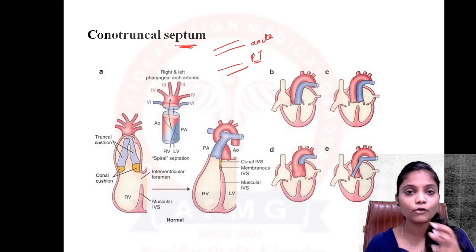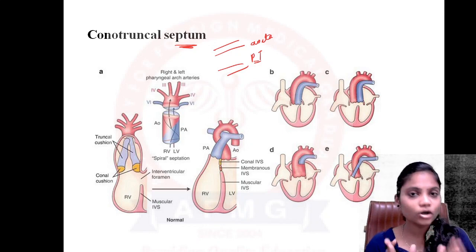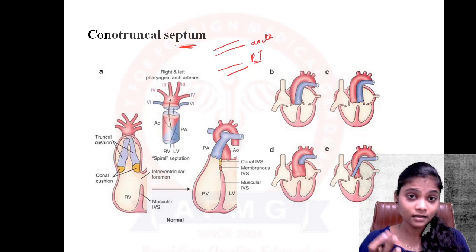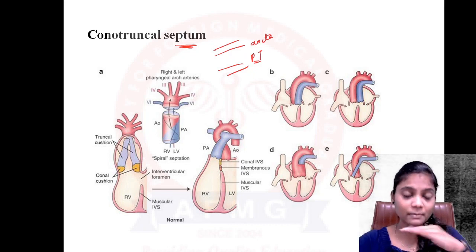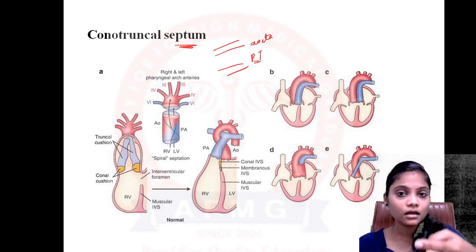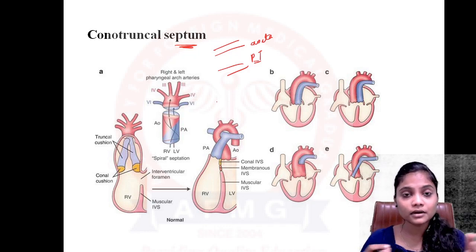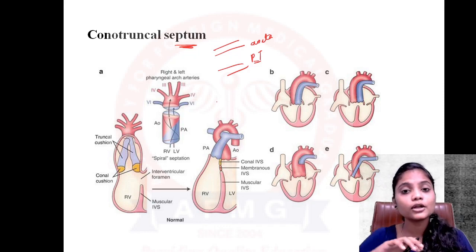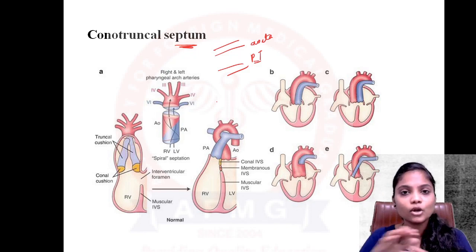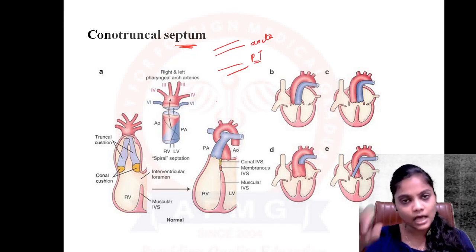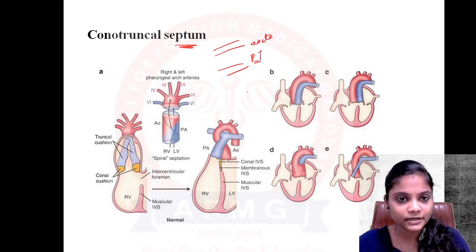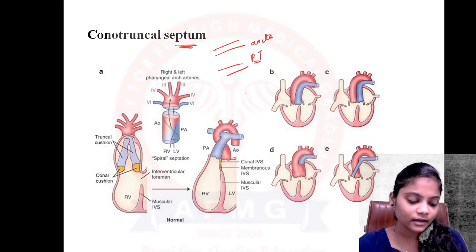For what? For making our trunks. What are our two trunks in this discussion? The main two trunks are the aorta and the pulmonary trunk. If they do not turn together, they will not form trunks. Aorta and pulmonary trunk will not be separated. So that is how the conal trunk is very important.